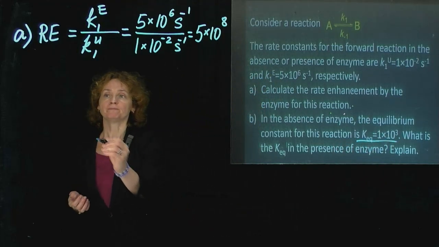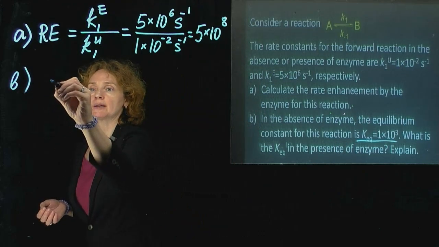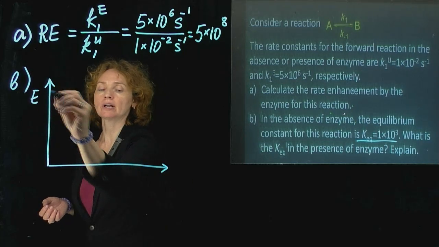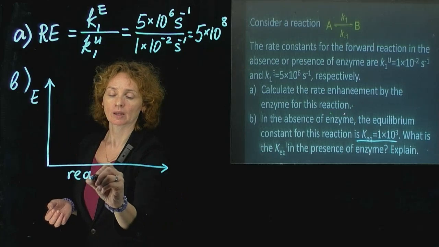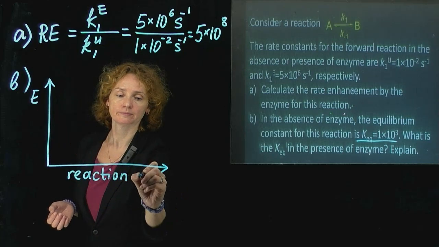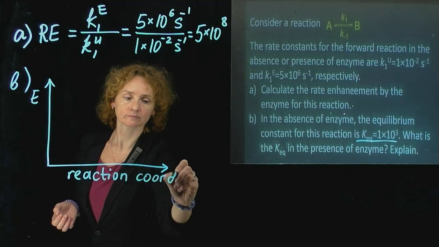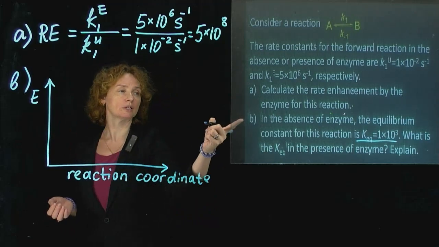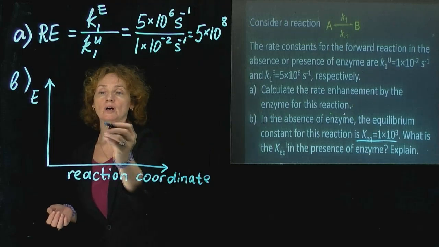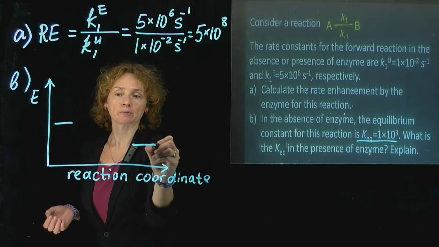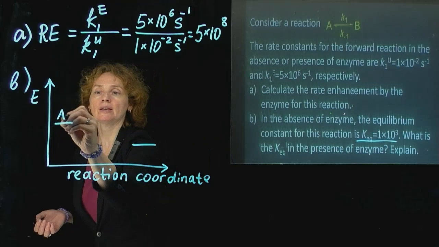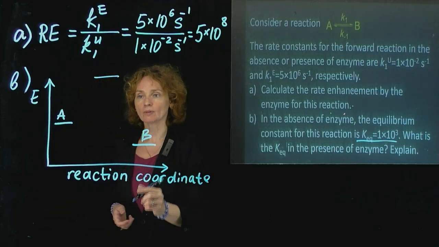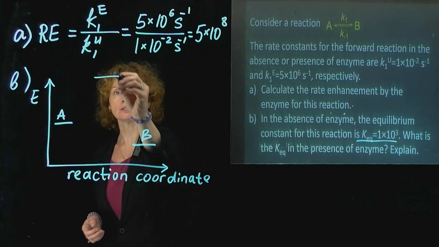So we know that enzymes, so if you sketch the energy diagram for this reaction, because K equilibrium is higher than 1, it means that the reaction is thermodynamically favored. So here we have our A, here we have our B, and in the absence of the enzyme, the transition state is here.